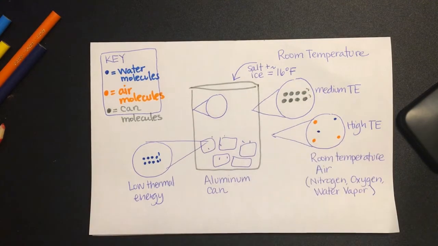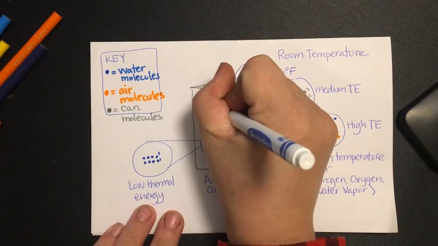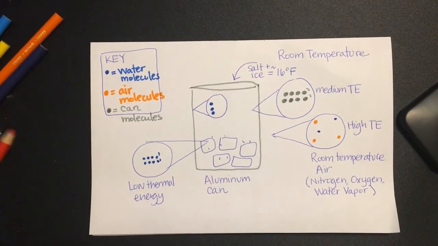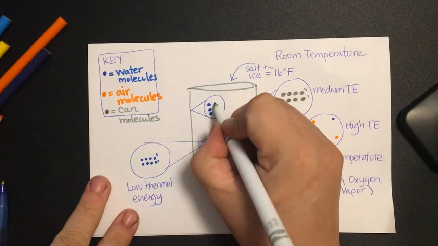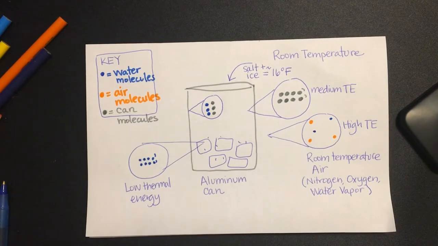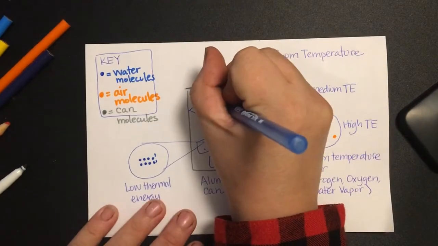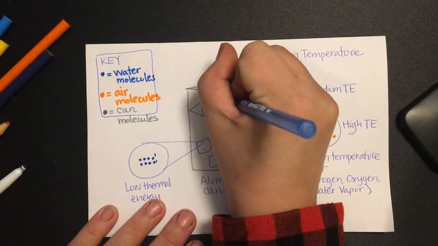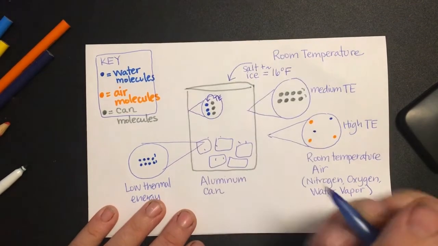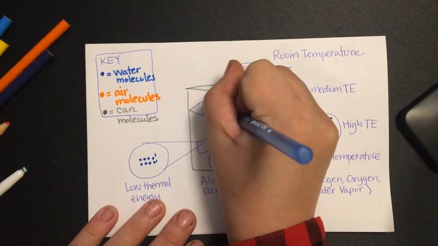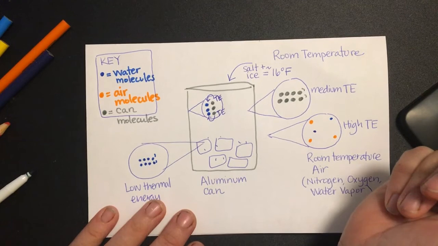So the first thing that I focused on was the interface, or the place where the ice and the can connect. So where we have the aluminum can and the ice coming into contact, that means that the molecules are also coming into contact. Because the aluminum molecules have a higher thermal energy than the ice molecules, thermal energy will transfer from the can to the ice.